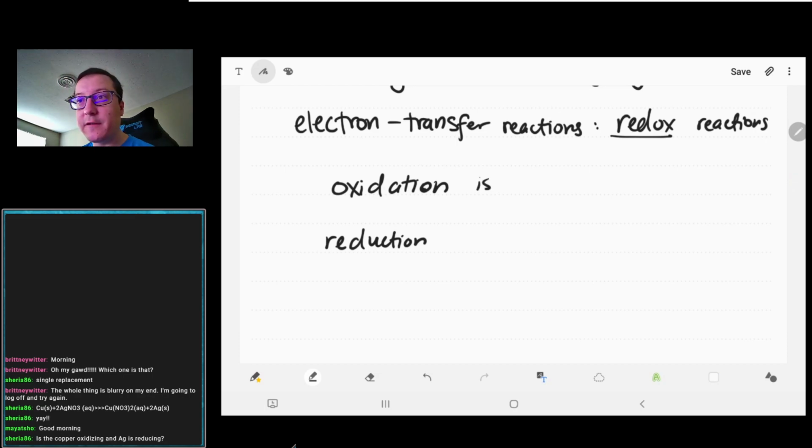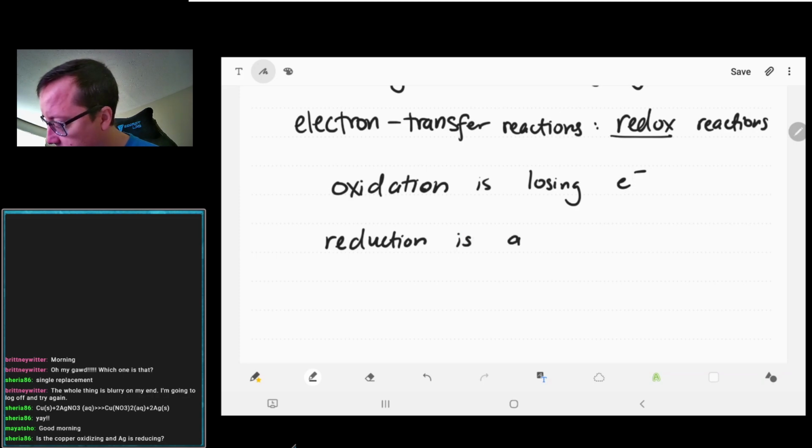Vocabulary-wise, oxidation is losing electrons. Oxidation is the process of something losing electrons. And reduction is the process of gaining electrons.